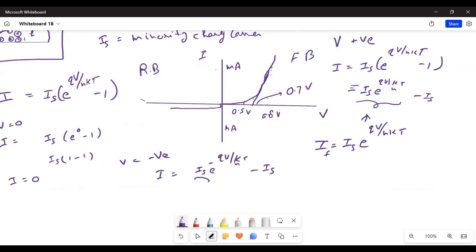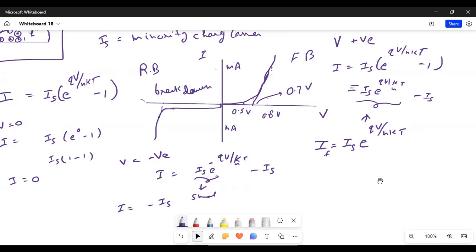So this will be very small, and I is as good as Is, just in the negative direction. So this is how a diode should behave. But what happens if we apply too much potential? The current suddenly starts to increase very sharply. This is called breakdown, and this is called the breakdown potential.